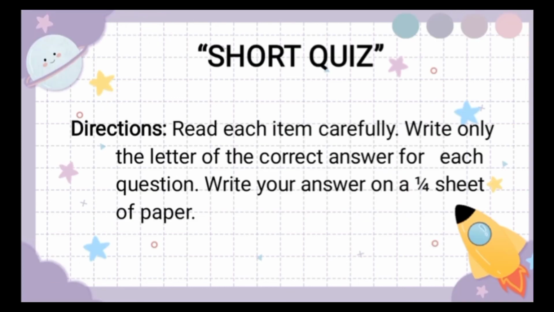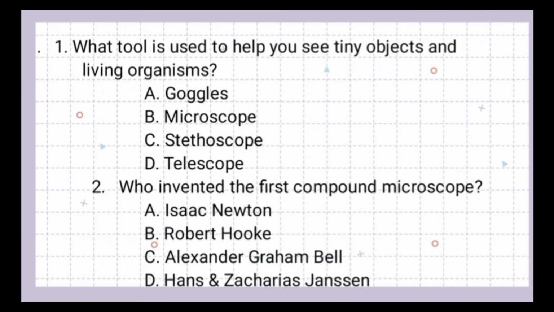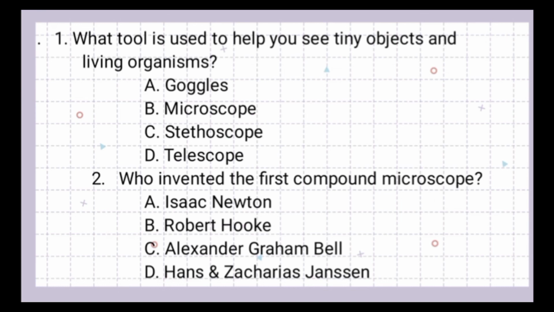Now, let's have a short quiz. Okay, so what is the correct answer for number 1? Very good. The correct answer for number 1 is letter B. How about number 2? Brilliant students.